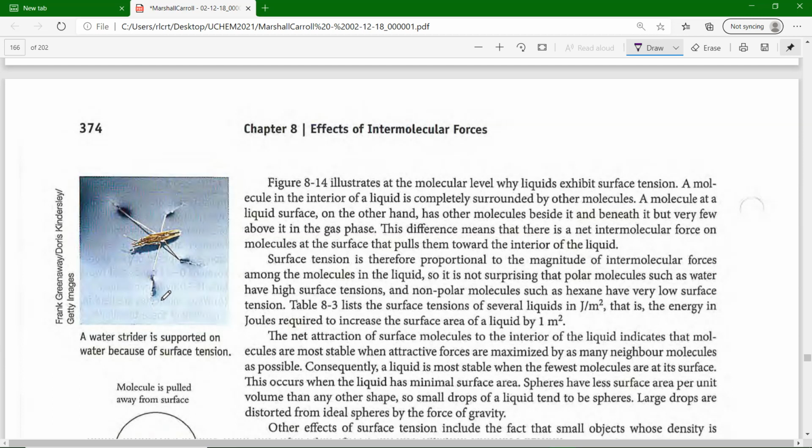The surface tension of the water is not destroyed by the water strider because the pressure exerted by the water strider isn't so great, because look at those feet, right? They have a large area. Remember, pressure is force per unit area. So if you have a large area, the pressure isn't as much. And so I thought that was always cool.